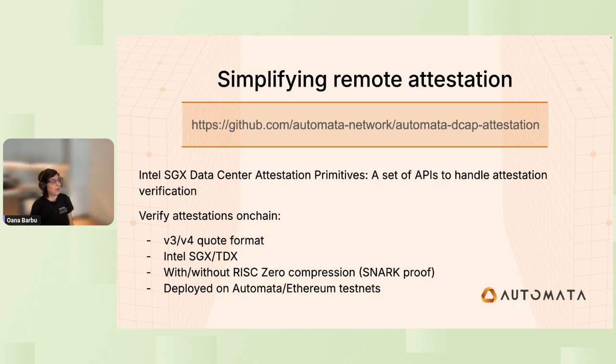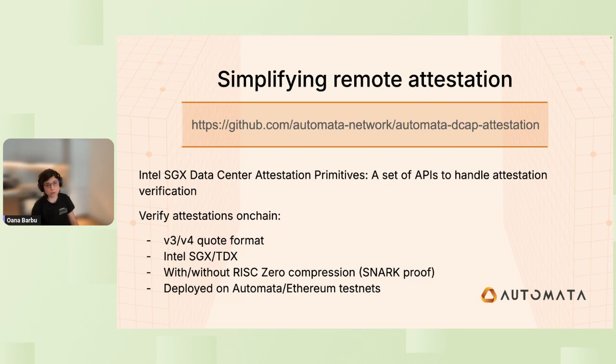So the attestation is done via this thing called DCAP, which stands for Data Center Attestation Primitives, and is the set of APIs that handle attestation verification. And we implemented two versions of it. So there's DCAP v3 and v4.